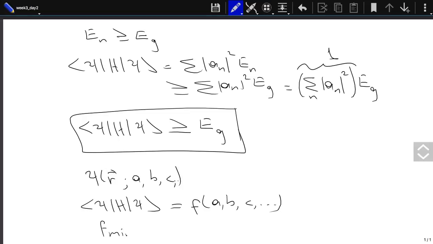So f min, the minimum value of f with respect to these parameters, will always be larger than or equal to the energy of the ground state. So this is a means of estimating the energy of the ground state.